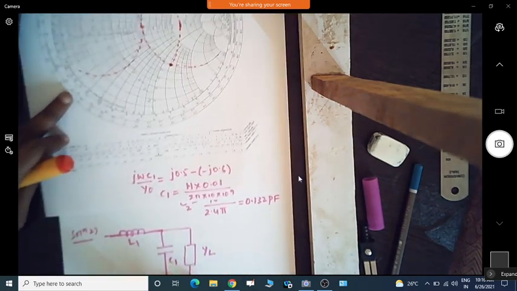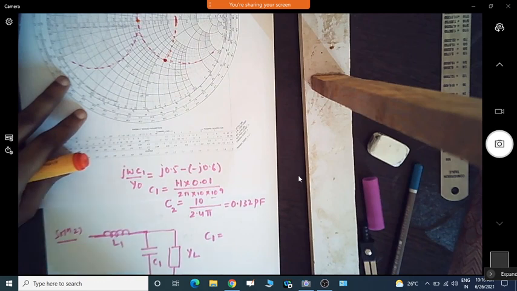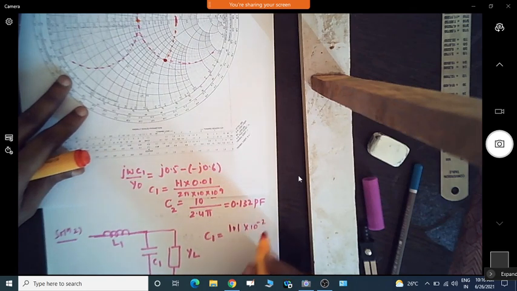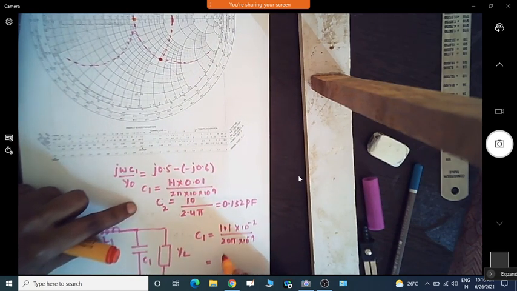That is solution 2. So what is the value of C1? You can find out. So it is 1.1 into 10 power minus 2 divided by 20 pi into 10 power minus 9. Or you can write 11 by 20 pi into 10 power minus 12.